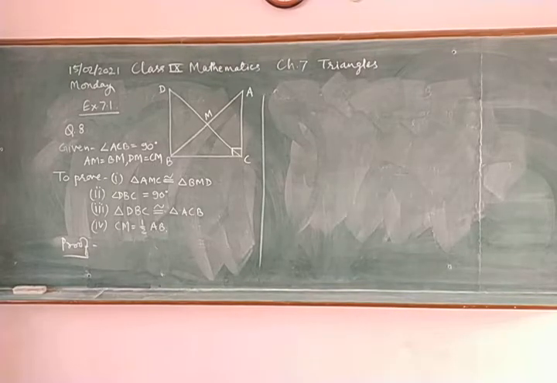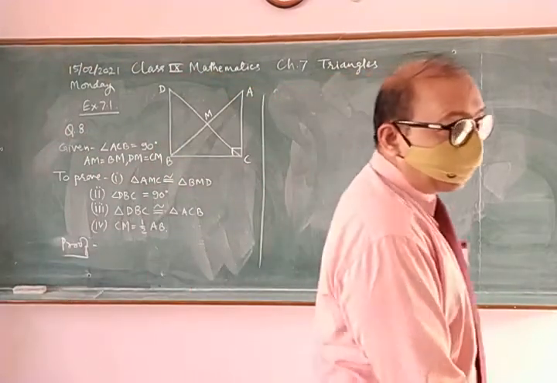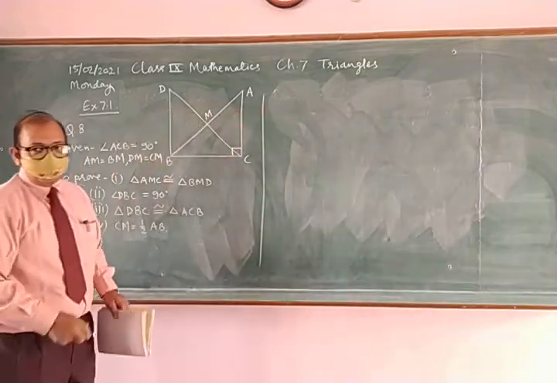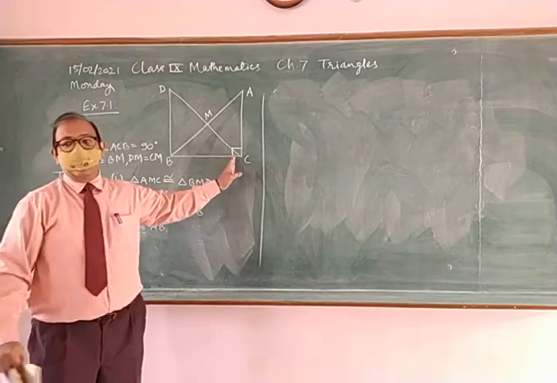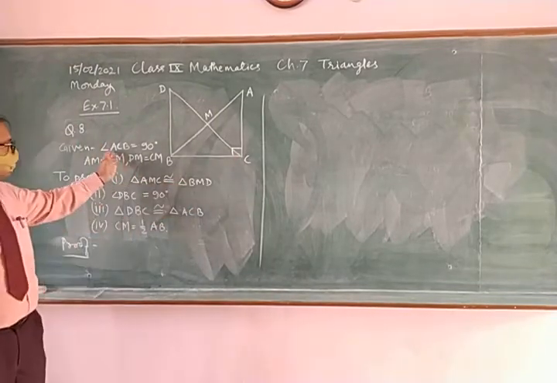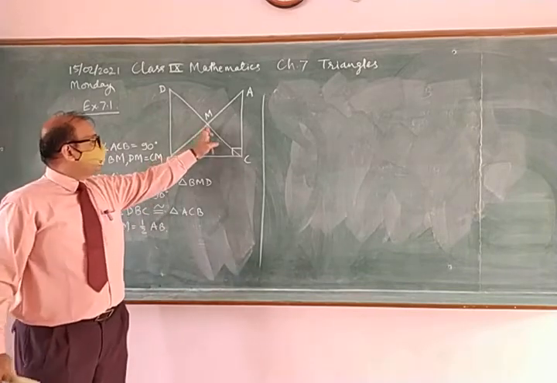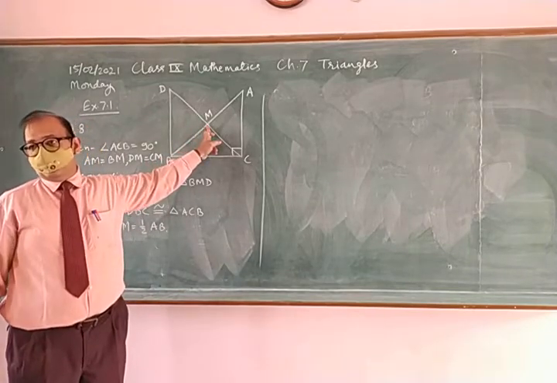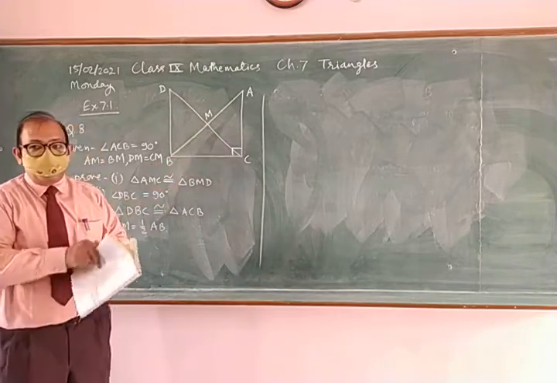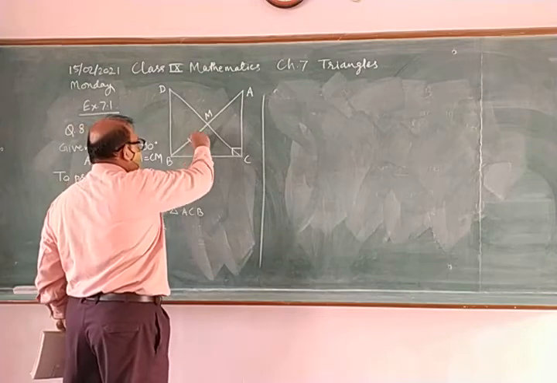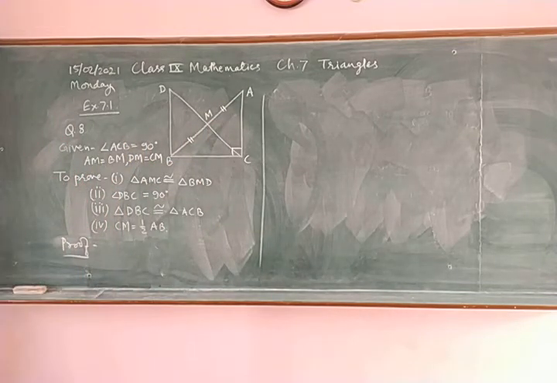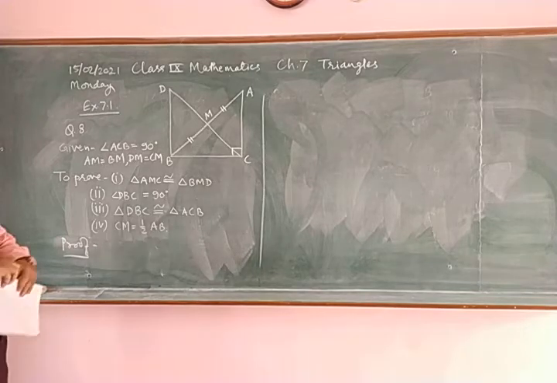Now in question number 8, what is given? We are given that in triangle ABC, angle C is a right angle. And M is the midpoint of AB. Midpoint means AM is equal to BM. It is already given.